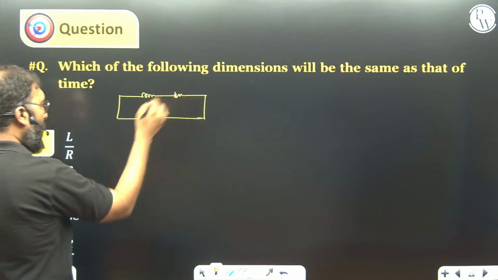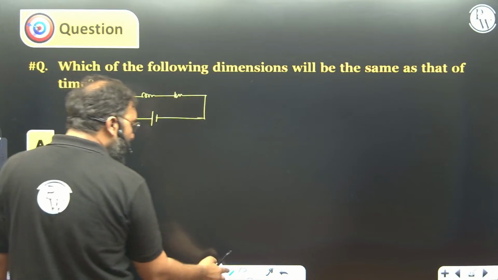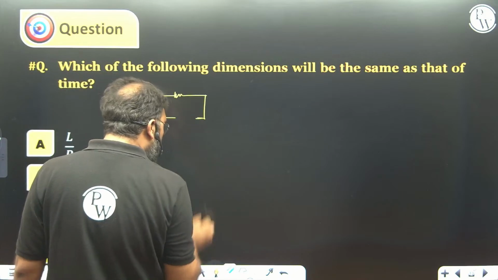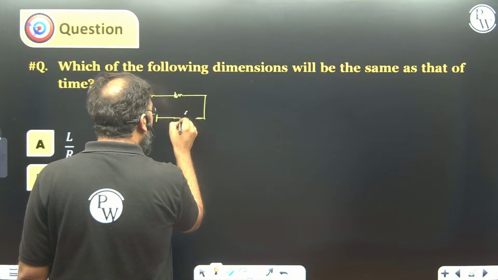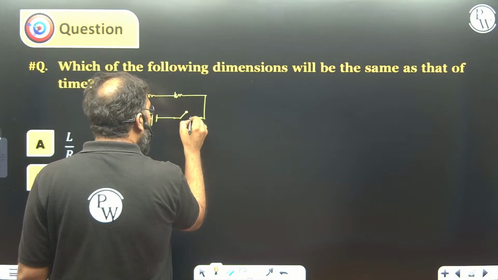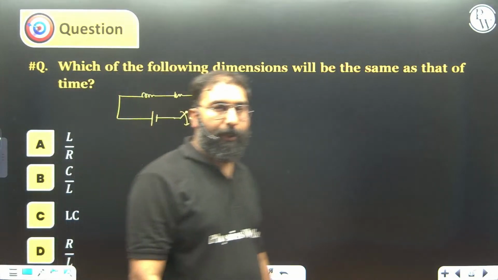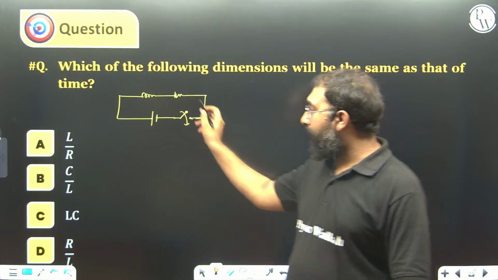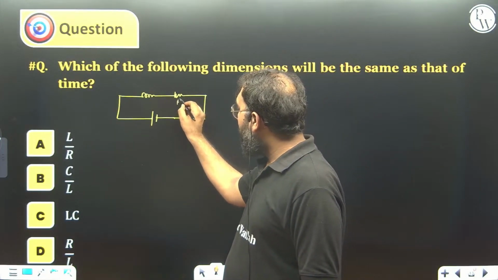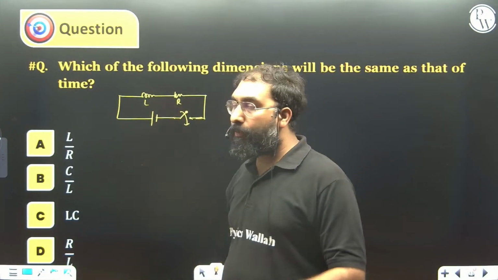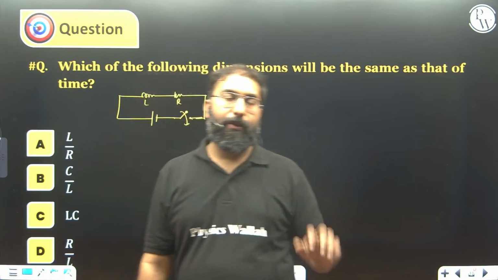So what will happen? Initially the switch was open, and as soon as we close the switch, a current starts flowing into the circuit, and due to the presence of this resistor, the current does not become maximum at once, okay?